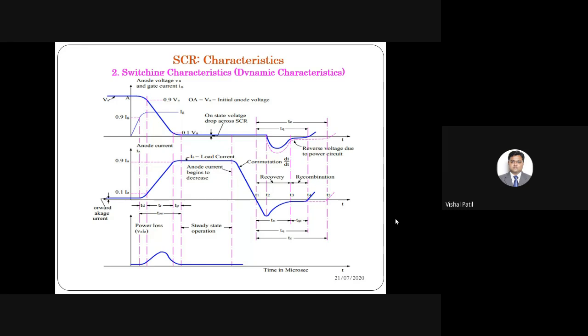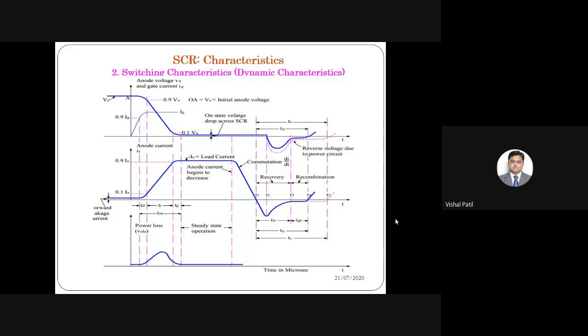the relations are shown, like the voltage is at its maximum value, then it is changing to 90% of its maximum value, then 10% of its maximum value, and suddenly what happens with the current?